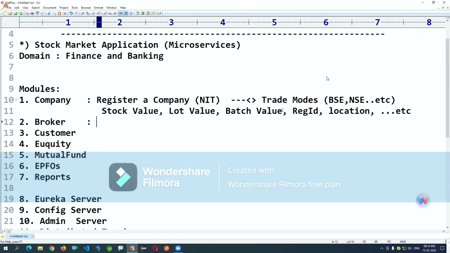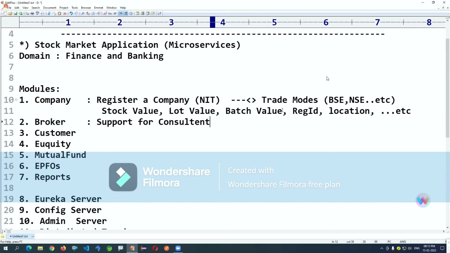And the broker is a mediator. They are going to tie up with a company and sell to customers. They'll take commission. A broker's major work is based on commission. Brokers will give support as technical consultants. The broker's responsibility is to give consultancy to customers: this stock is good, you're going to get these benefits, these stocks are nice.